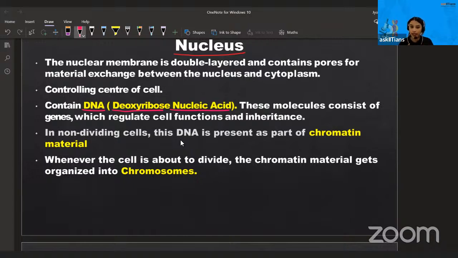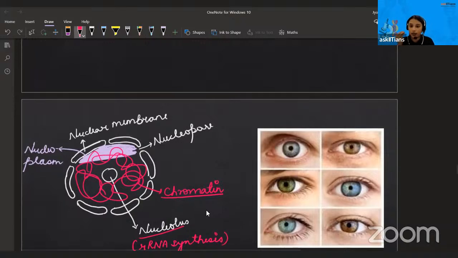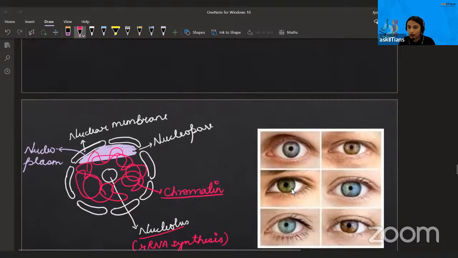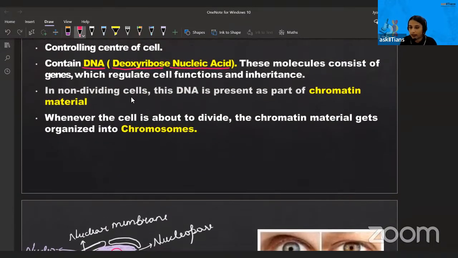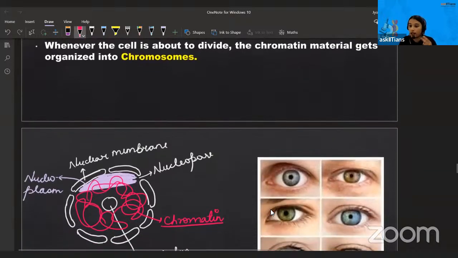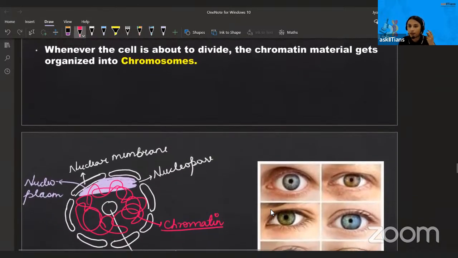That's why I'm saying the nucleus is the controlling center, because inside the nucleus our genetic material is present which has all the information. If I talk about the color of our eyes, it is regulated by the information present in DNA. The color of eye, the texture of your hair, and everything is basically regulated by this DNA.